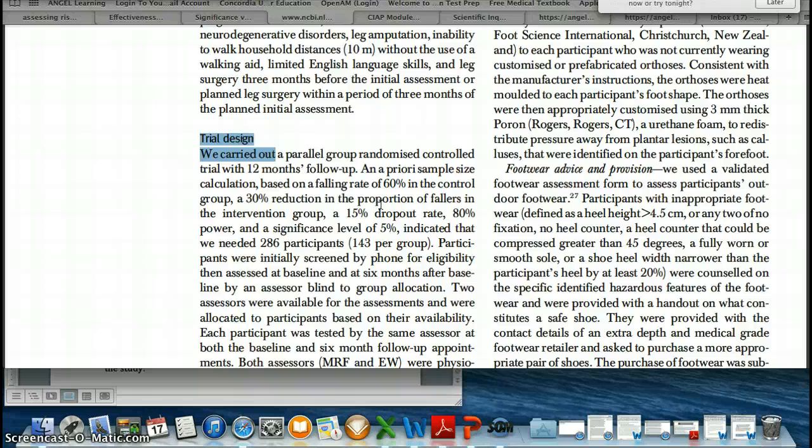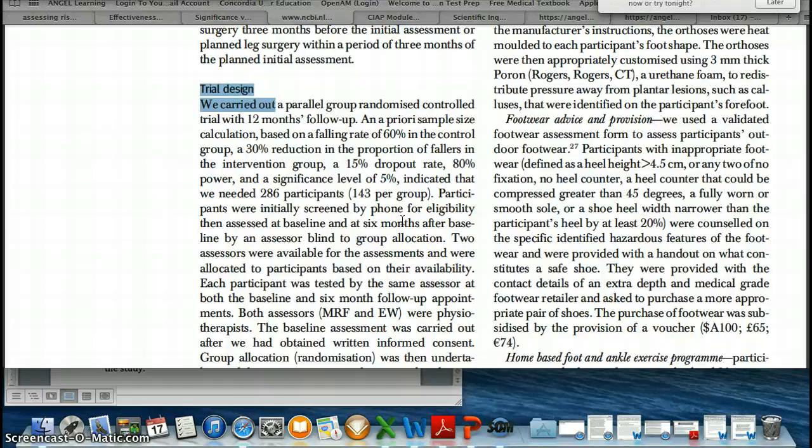So let's look at it within this section. So here we are in trial design. Here's a good example. Two assessors were available for the assessments and were allocated to participants based on their availability. Each participant was tested by the same assessor at both the baseline and 6-month follow-up appointments.